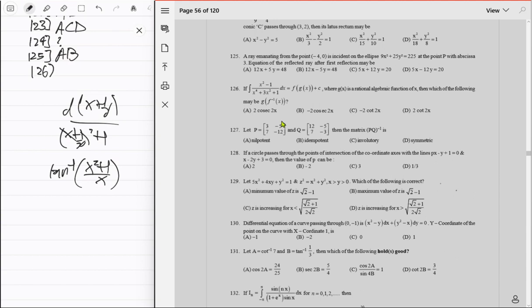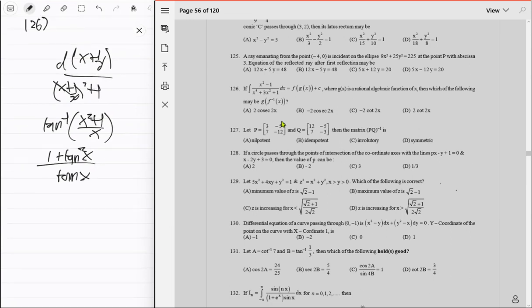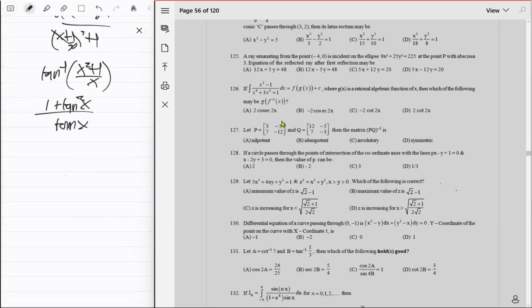You want x square plus 1 upon x applied on f inverse, which is tan itself: 1 plus tan square of x upon tan x, which is cot x plus tan x. That is 1 upon sine x cosine x, which is 2 upon sine 2x, just 2 cosec of 2x. Why is that negative?